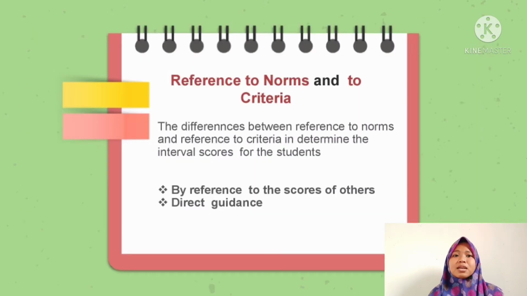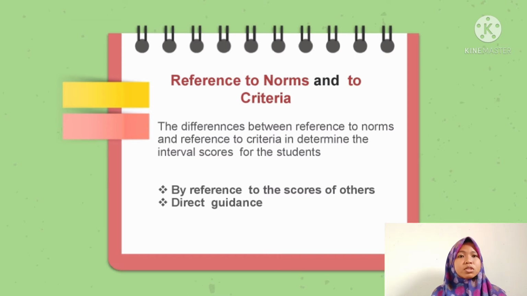Okay, the next material is reference to norms and criteria. These are two ways to score.